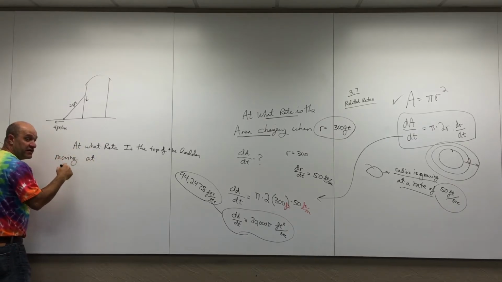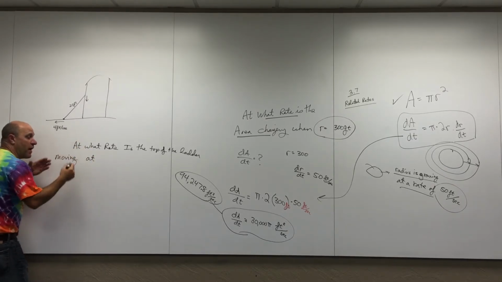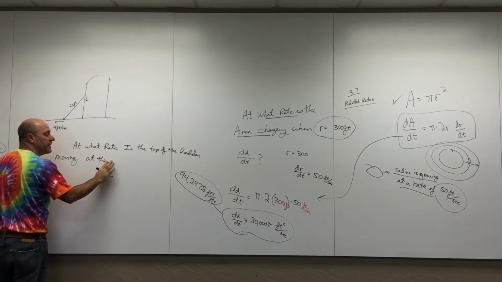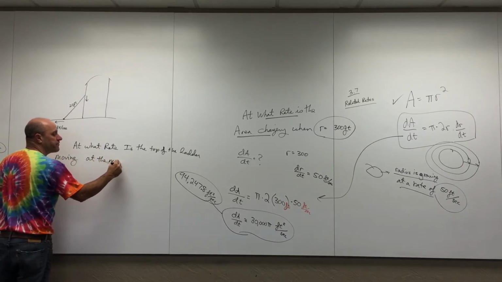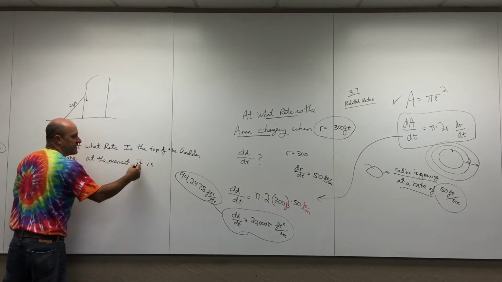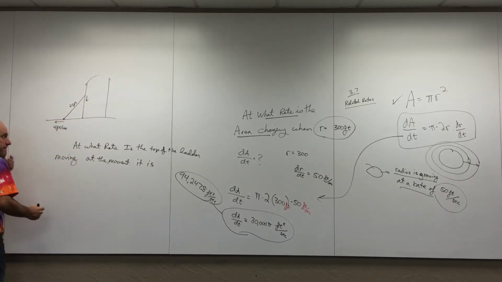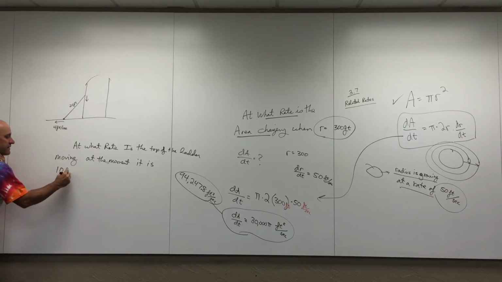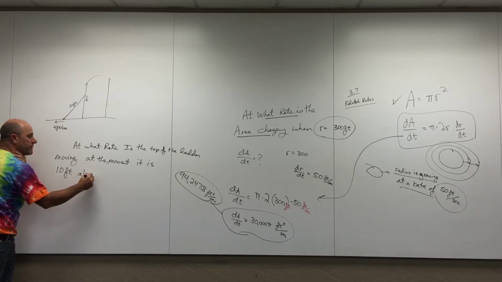These things can be a little wordy. See, when we ask you this question, we have to give you a moment in time. So at the moment, that's the ladder, 10 feet above the ground.